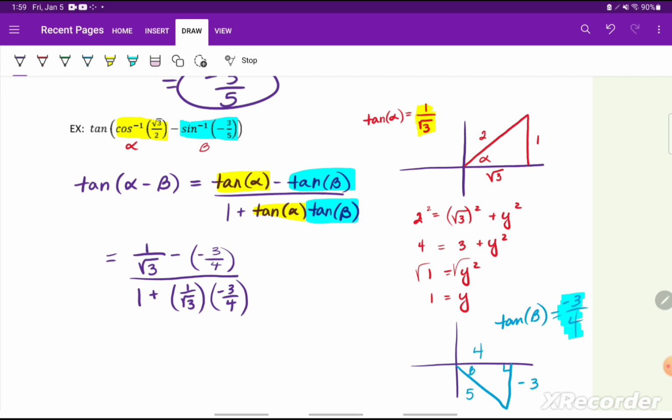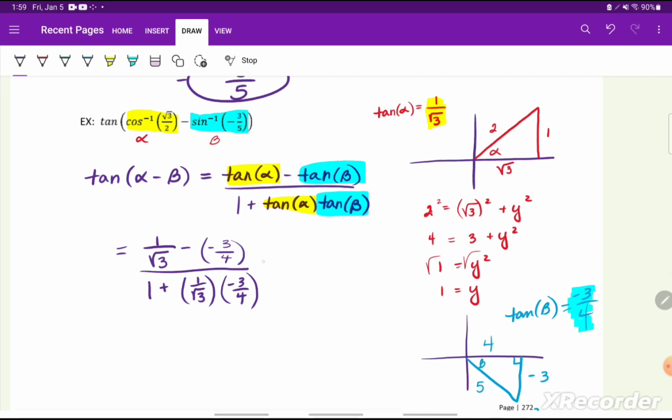Well, I think I'm going to do a little bit of cleanup here before I address the complex fraction. Right, minus a negative on top is going to become plus. And down here we have a positive times a negative. That's going to be minus 3 over 4 square root of 3.